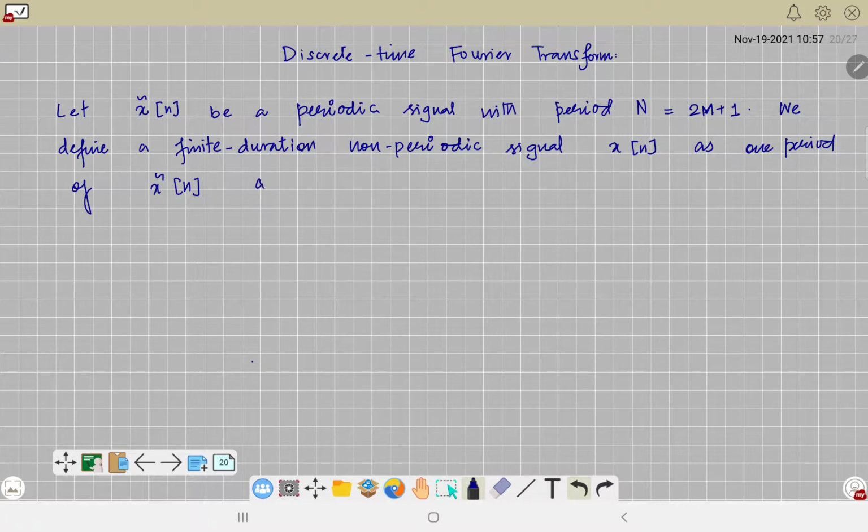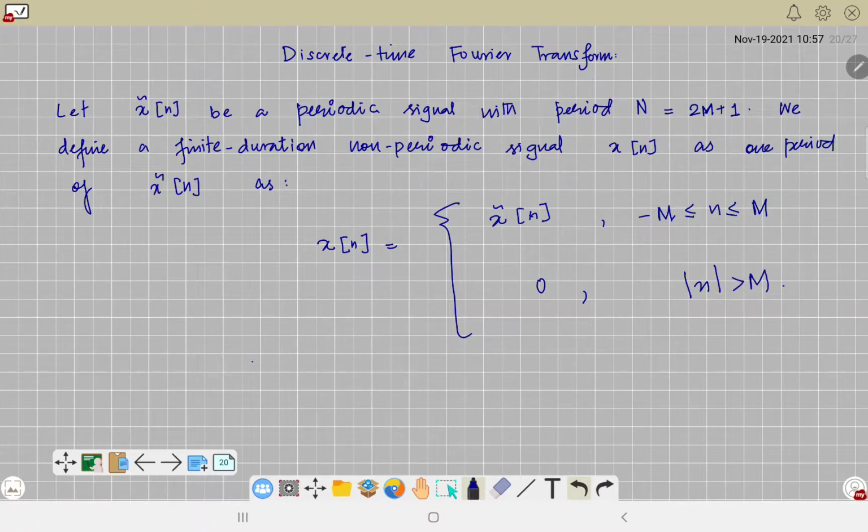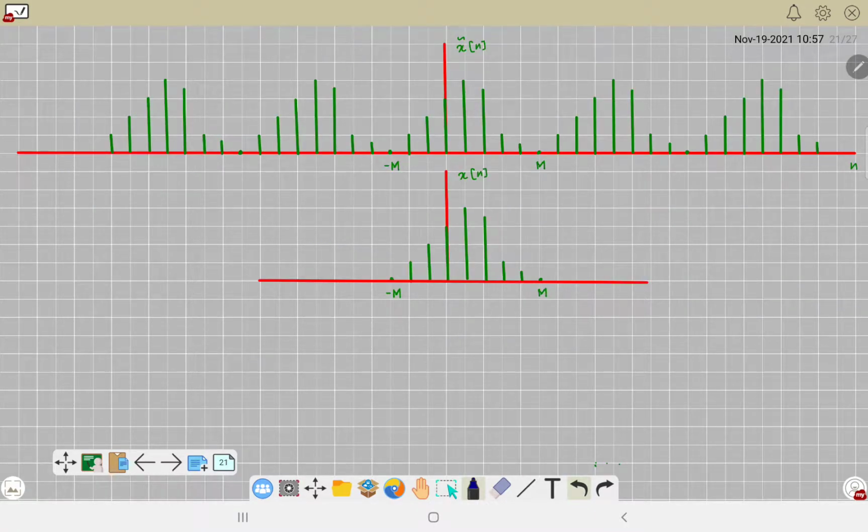Right? So it is something like this, that we have a non-periodic signal x of n, which is equivalent to x tilde n over one period, that is from minus M to plus M, and outside this range it's going to be 0. Now graphically it can be something like this.